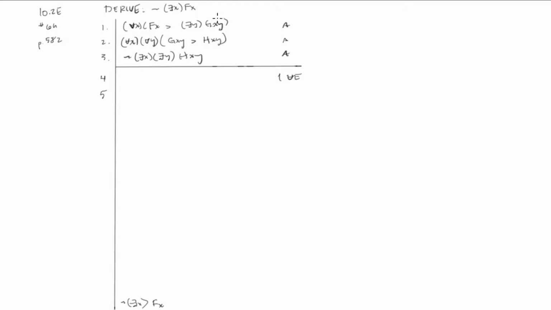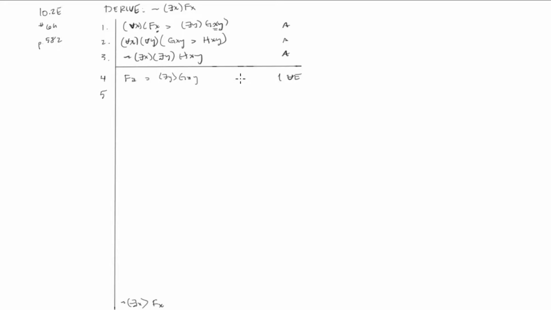And with it, we're going to drop the outer parens, and we're going to replace these x's with the name a. We could choose any name, but we'll just start at the beginning of the alphabet. So this gives us Fa horseshoe, there's a y, G a y, right? There we go. We've instantiated line 1.